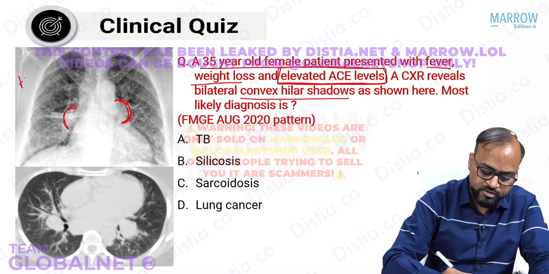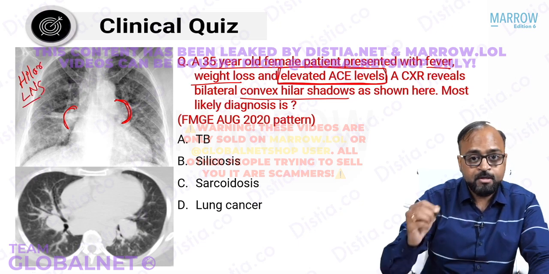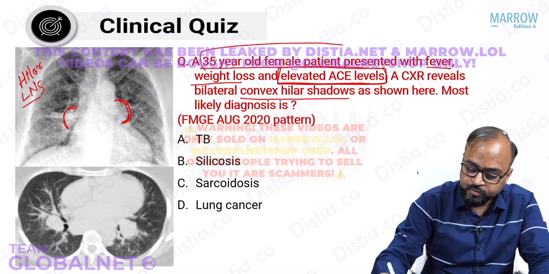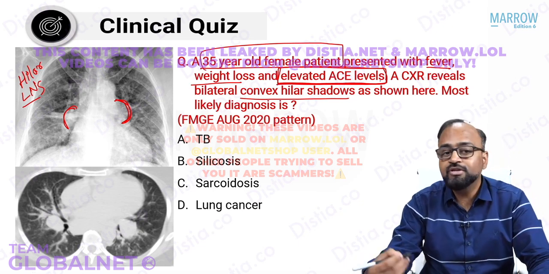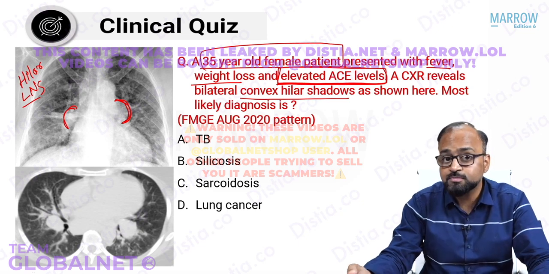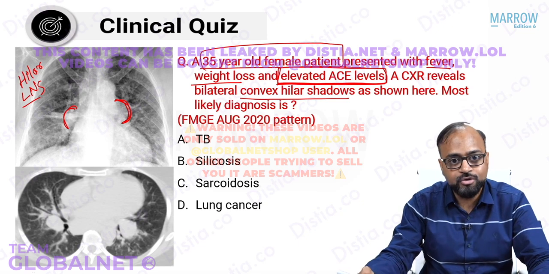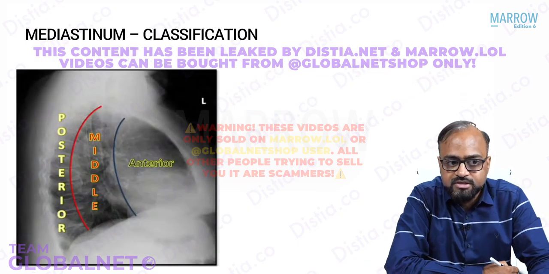Why? Because there are hilar lymph nodes. So a middle-aged female with non-specific complaints, elevated ACE levels, with bilateral hilar lymphadenopathy, this points towards a specific diagnosis, and that is sarcoidosis. What is seen in sarcoidosis? How to clinch the diagnosis is something that we will discuss.